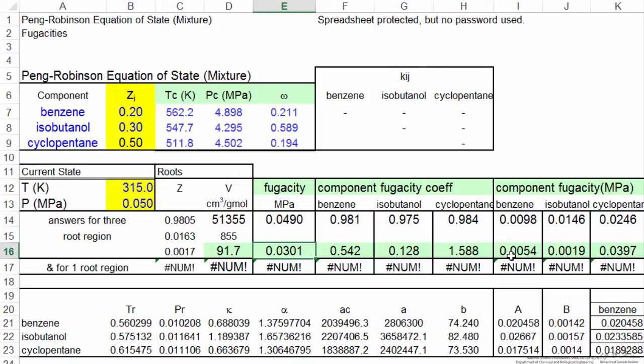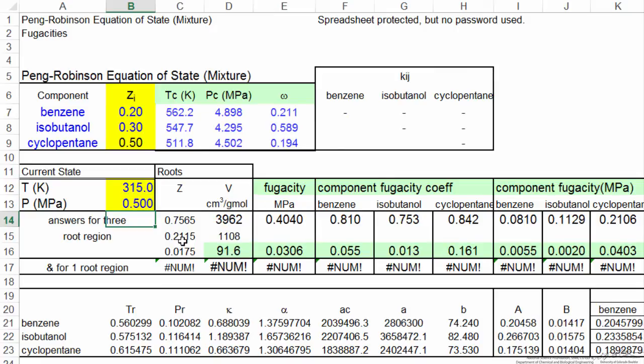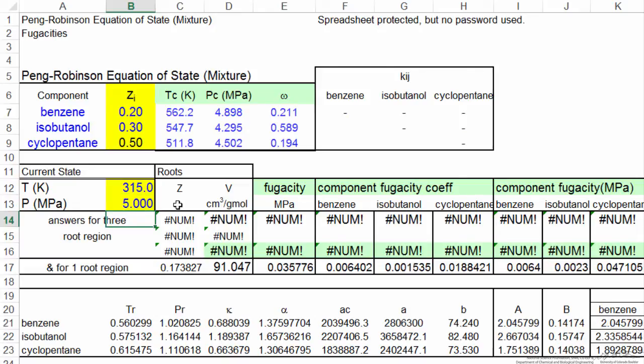So let's look at fugacity for benzene, 0.0054. If I change the pressure back to 0.5, an increase by a factor of 10, this is 0.0055 megapascals. So liquid phase fugacity is very insensitive, even if I went to 5 megapascals.